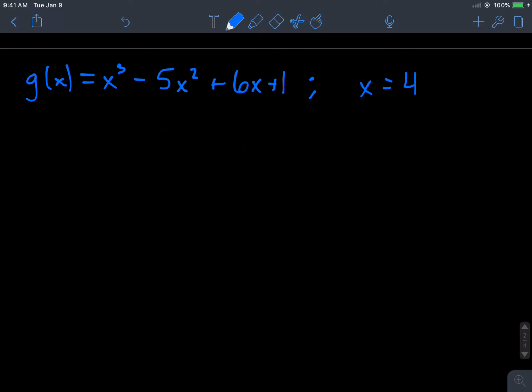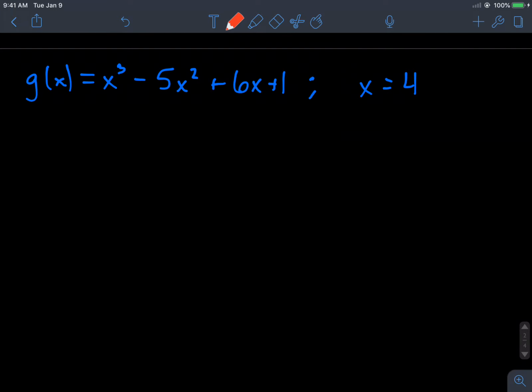Moving on to the second example, we have g of x equals x cubed minus 5x squared plus 6x plus 1. Very similar to the last one. We should make sure that it is a polynomial first. Are the coefficients real numbers? We have coefficients of 1, negative 5, 6, and 1, so yes, that condition is satisfied. Do we have whole number exponents? 3, 2, 1.